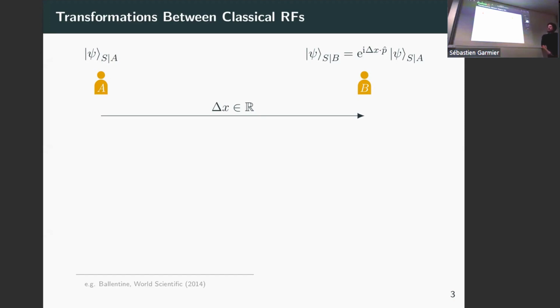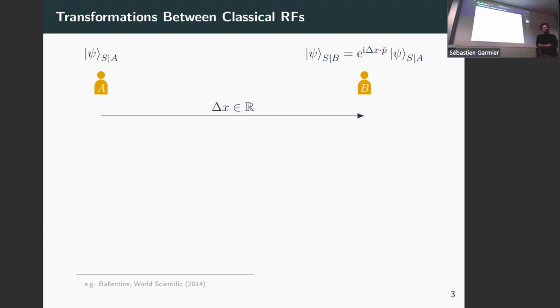Now let's reformulate this a bit more in the language of reference frames. The bar A and the bar B are already hinting that there is actually a reference frame in play. Let's say Alice is measuring the position of this system. To her, it naively looks like she can measure the absolute position of this thing.